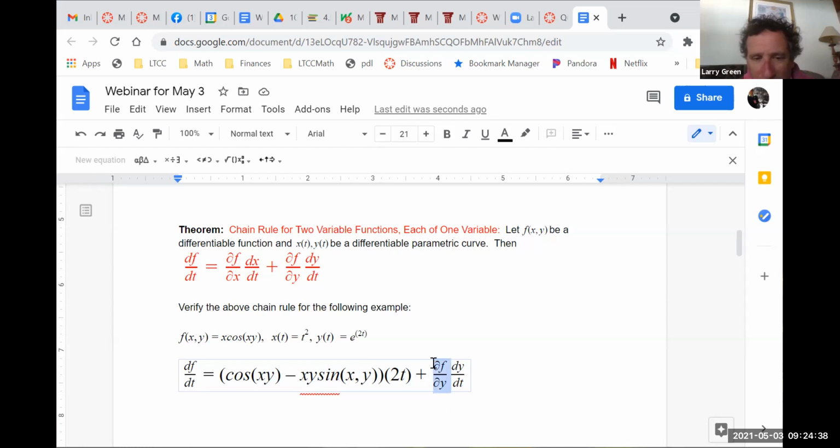So del f del y becomes negative, and then it's going to be the constant times the constant, which is x squared, times the sine of xy. And then dy dt. What's dy dt? Yeah, that's going to be chain rule again. The derivative of 2t is 2, and the derivative of e is itself, so 2e to the 2t.